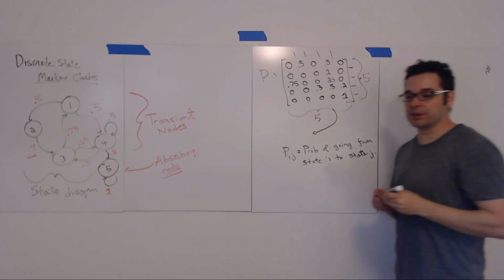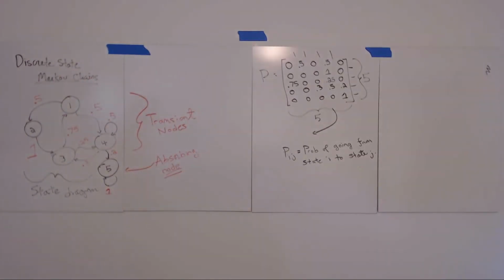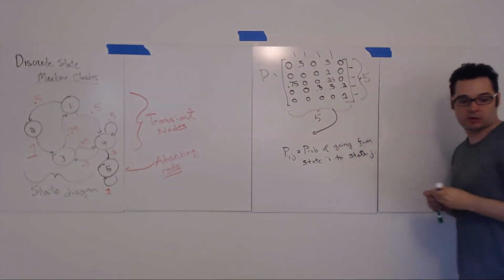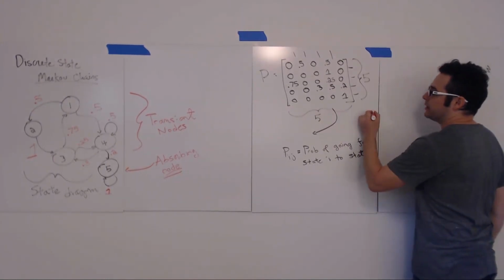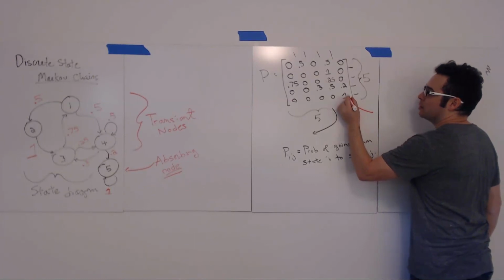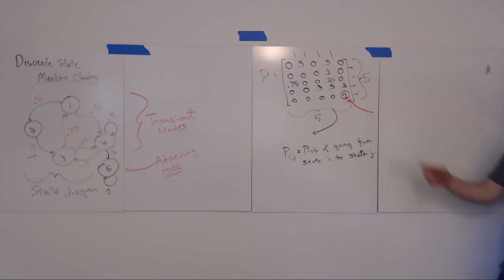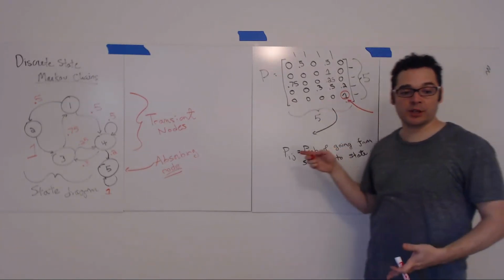So let's notice something interesting here. For our absorbing node, which was state 5, we see the value 1. And that's actually an indicator to us that state 5 is an absorbing node.